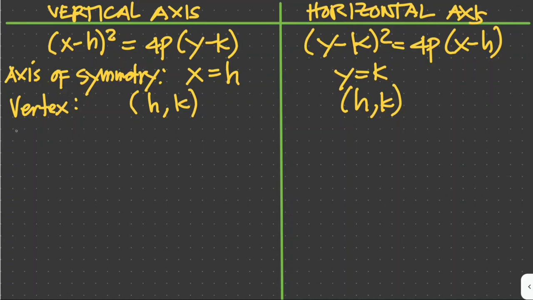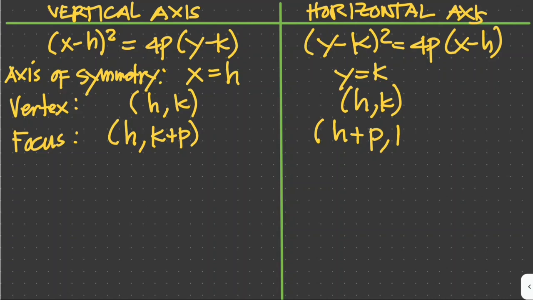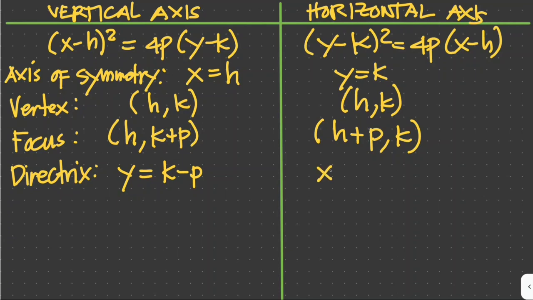And then for our focus, for the vertical axis, the focus is just h, k plus p. And for the horizontal, that is h plus p, k. And then the directrix for the vertical axis is y equals k minus p, and for the horizontal axis, that is x equals h minus p.